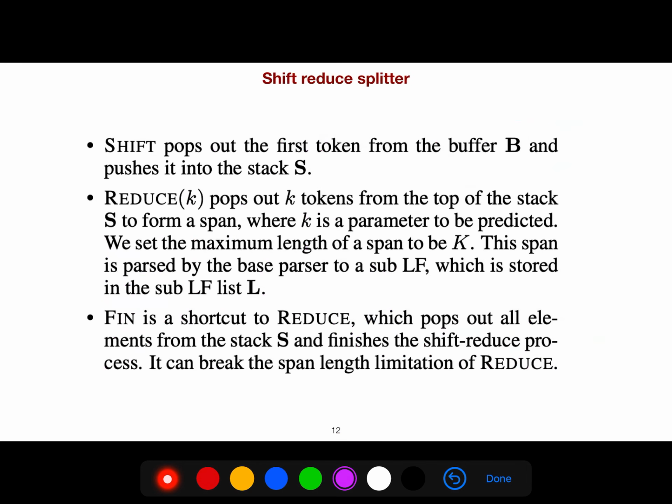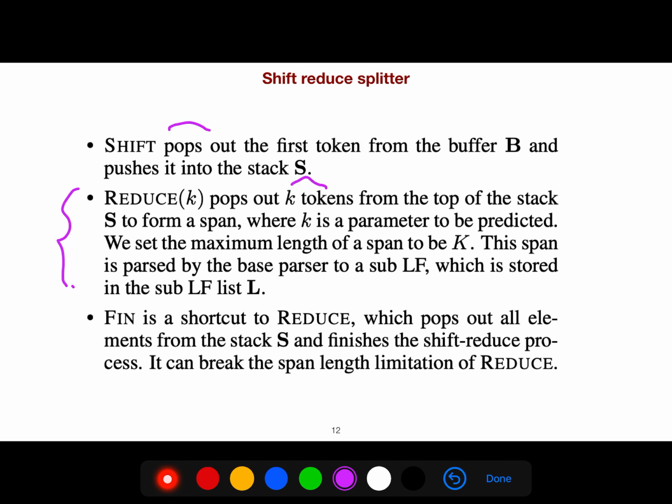Shift pops the first token from the buffer and pushes it into the stack like any other shift-reduce algorithm, I mean, transition-based algorithm. And then you have reduce K, but this is non-standard because in reduce, you usually say reduce K is 2. We usually pop out the last two tokens from the top of this stack.